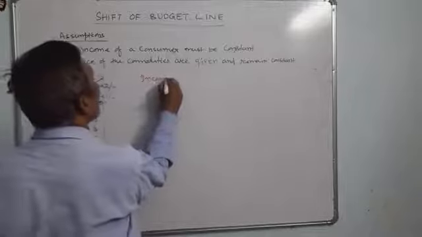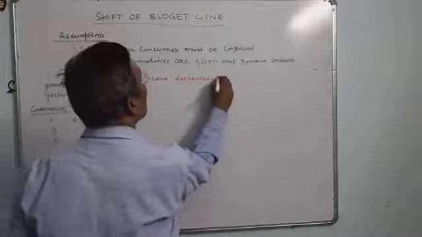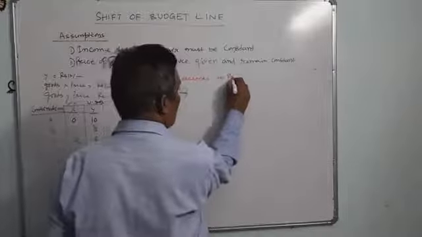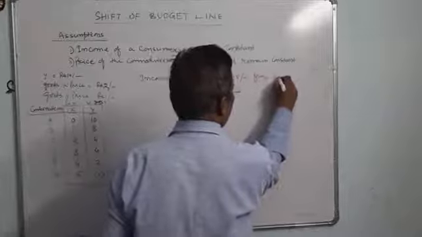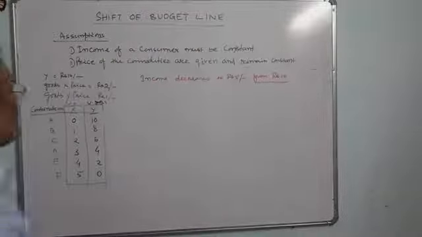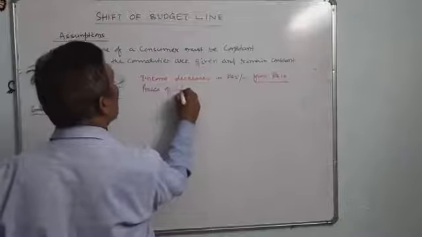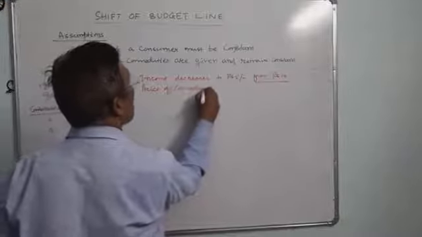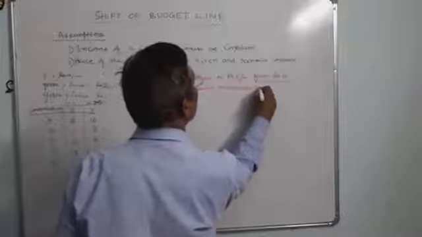Income decreases to rupees 5 from rupees 10. Prices of commodities remain the same.